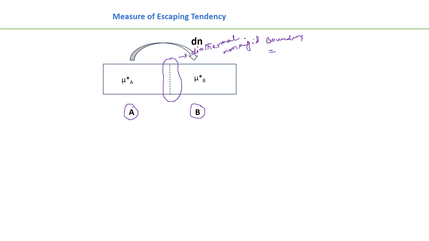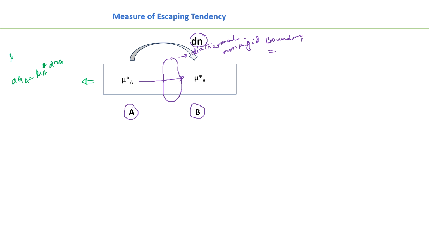Now suppose dn moles are transferred from subsystem A to B. So if we want to see the change of free energy of the individual systems, for A, dG equals mu A star dnA, right?